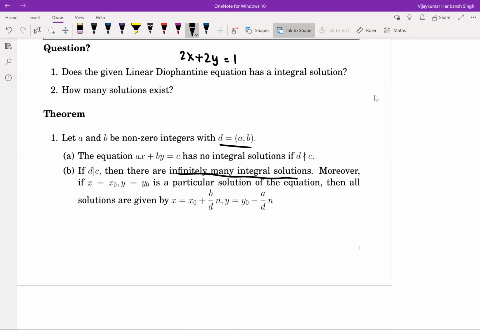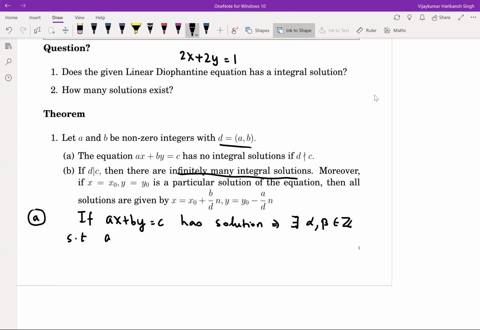Proof for the first one, part A. Suppose ax plus by equals c has a solution. This implies there exist, say, alpha and beta belonging to Z, such that a alpha plus b beta equals c.